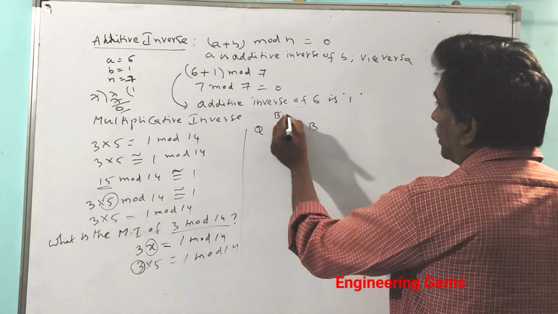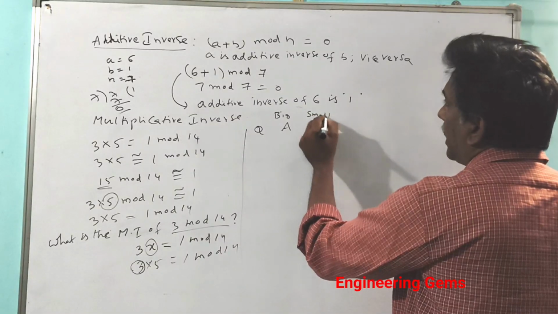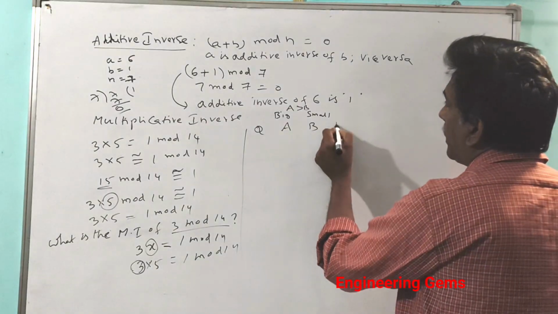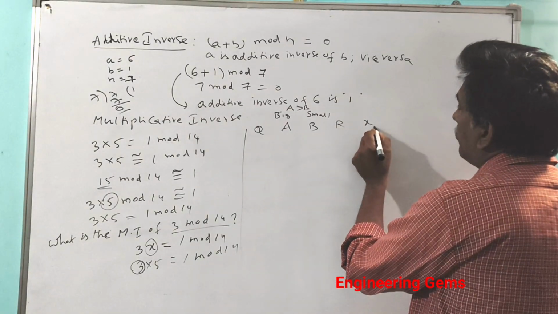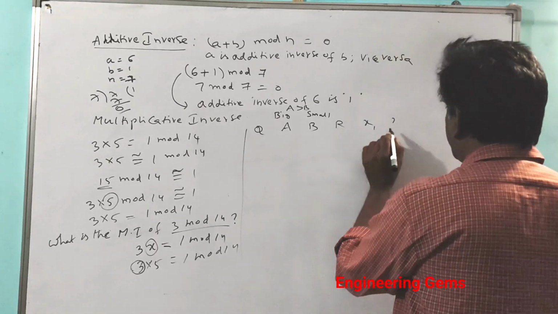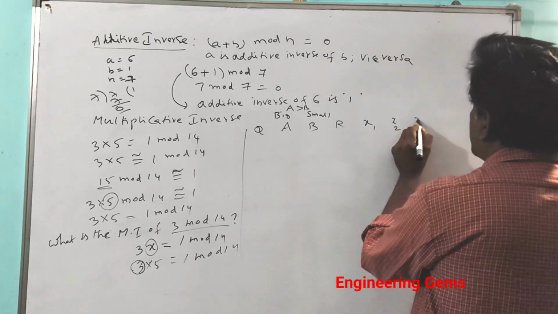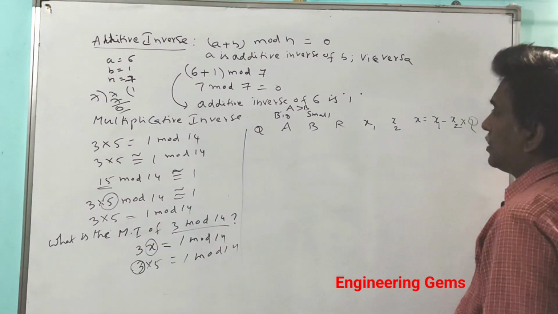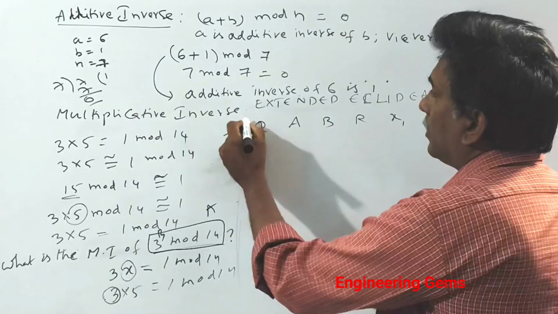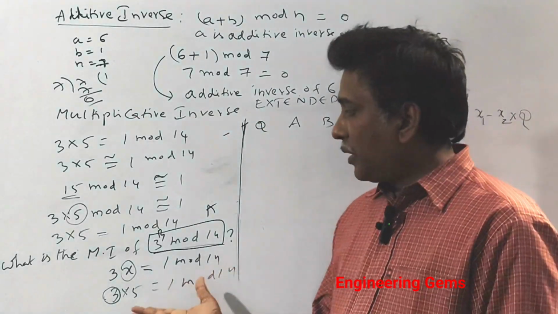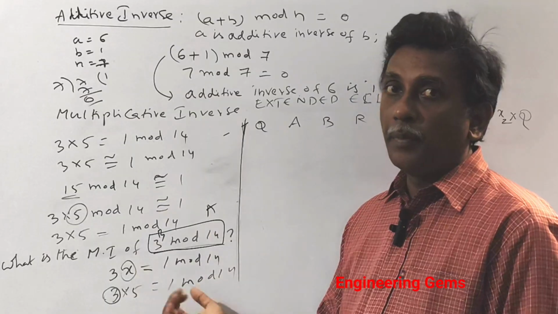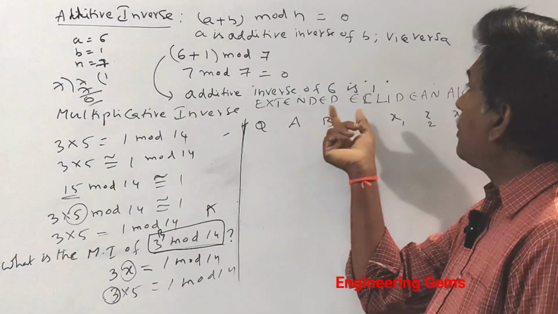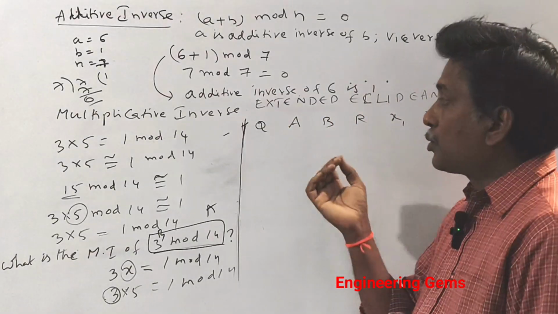The a should be big and b should be small, so the condition is a greater than b. Then remainder r, and x1, x2, and x equals x1 minus x2 into coefficient. This is the formula. The same problem can be solved using the extended Euclidean algorithm; this is another method.